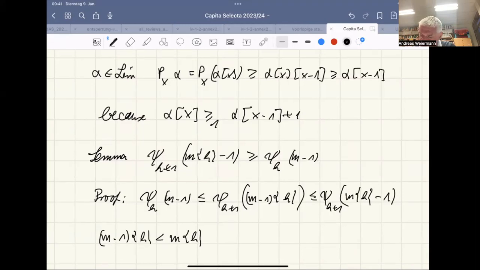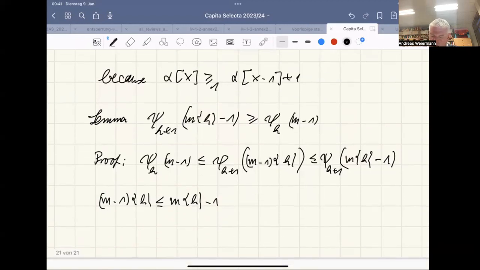Because we have this strict inequality here. Strict inequality yields that this is less than or equal to this number. And there we are. Okay.